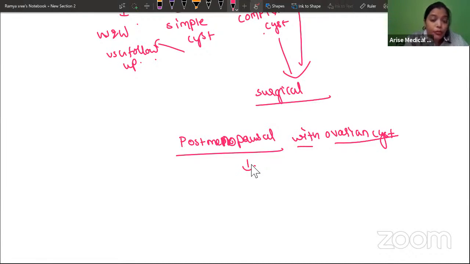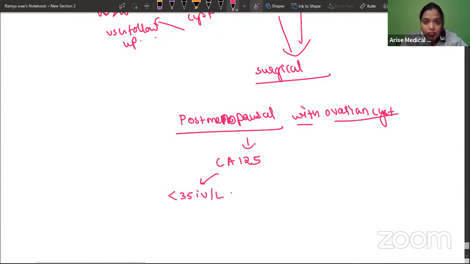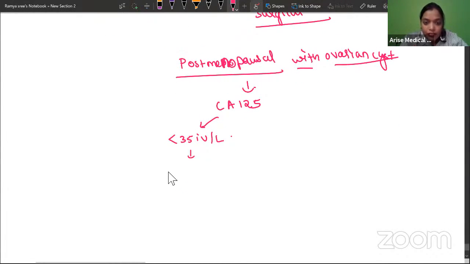If you have a postmenopausal woman with an ovarian cyst, irrespective of the size of the cyst, you are supposed to do CA 125. If CA 125 is less than 35 international units per liter, wait, and then you have to see the size.